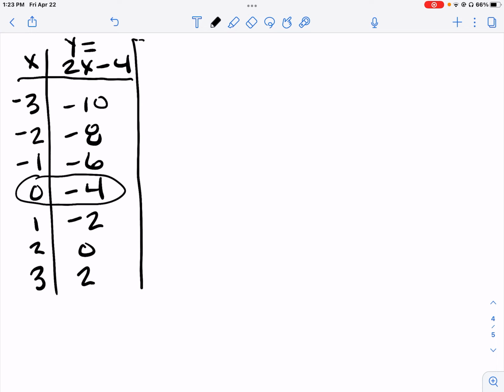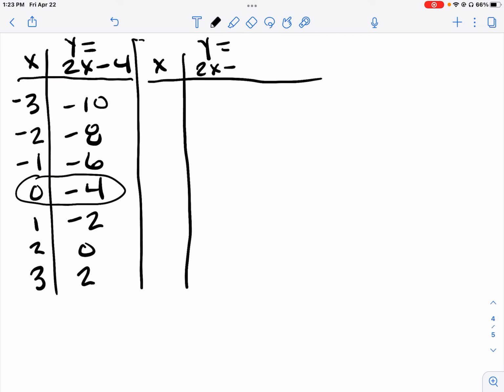Okay, so what's my second one? Y equals 2x minus x squared. I'm going to do -3 to 3 again.